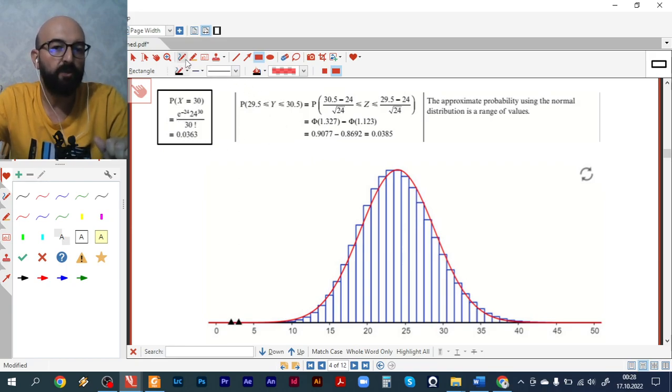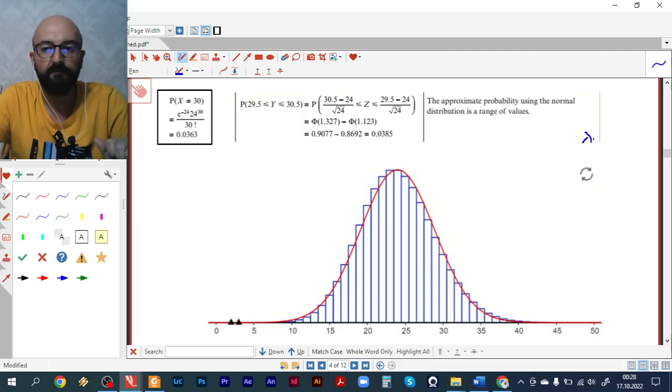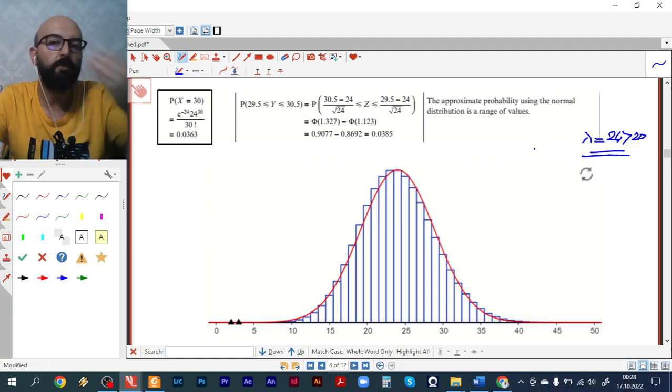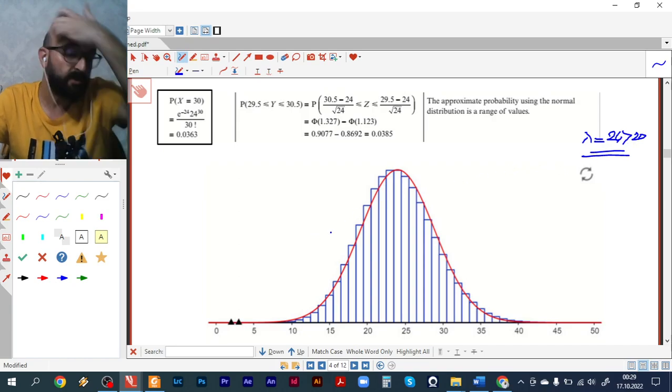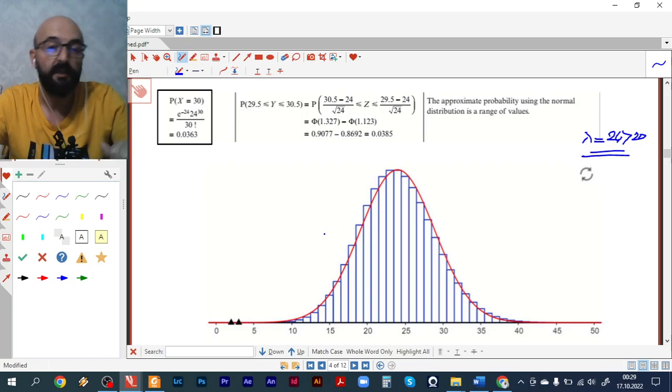But since your lambda is 24, greater than 20, your Poisson distribution tends to normal distribution, and you can use the normal approximation to the Poisson distribution.